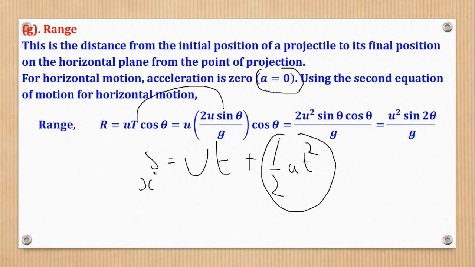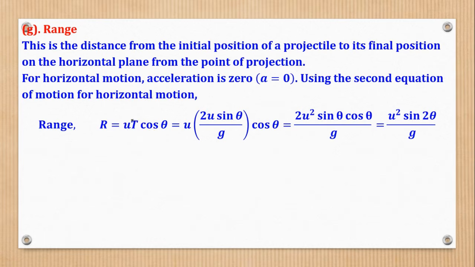In this case, it is r. Then this one is ux, so uxt. But ux, I think you remember that the horizontal component of initial velocity was u cos theta. So this ux will be replaced by u cos theta. Then this t will be replaced by the capital T because it is the time of flight. So that is where u T cos theta is coming from.